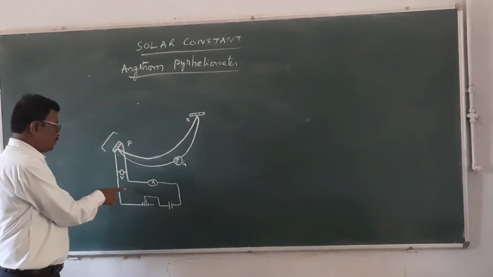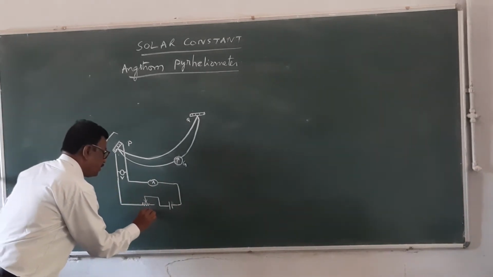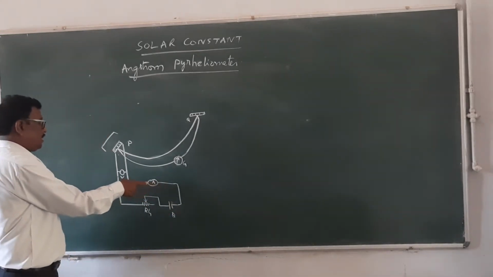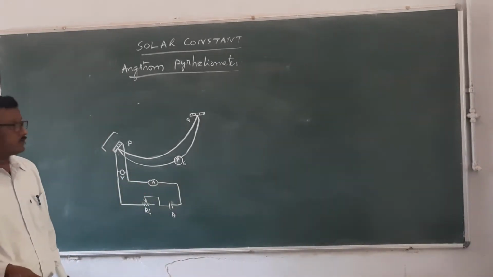Here we use a rheostat RH, battery B, an ammeter and a voltmeter.